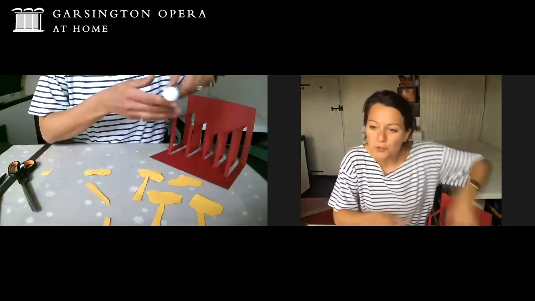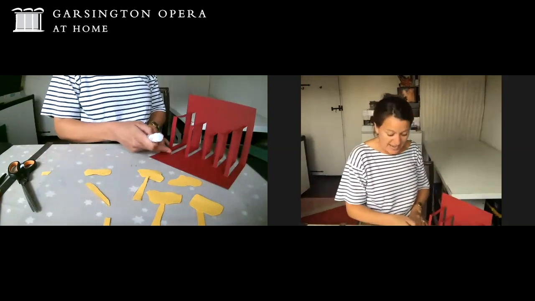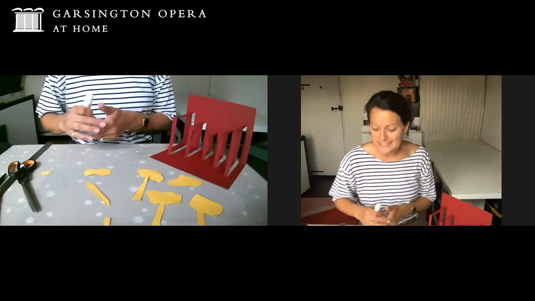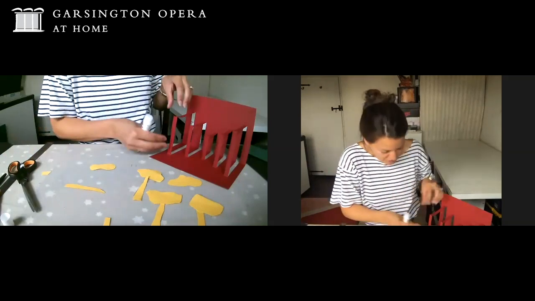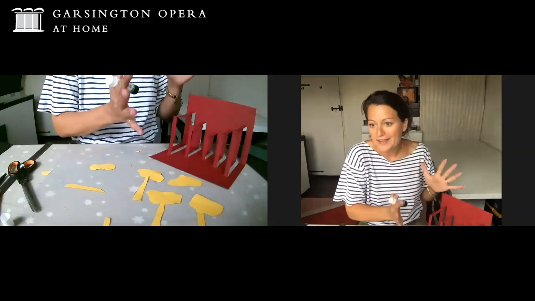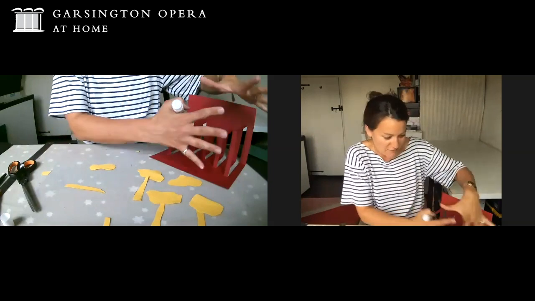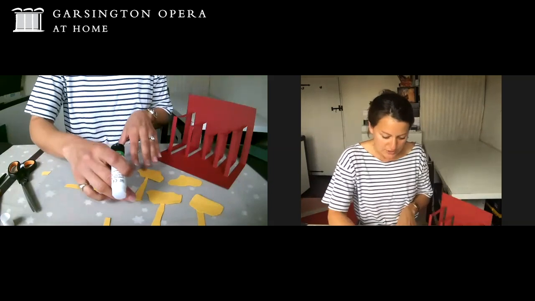So, for example, you could make candy cane shapes and stick them on. Or you could make licorice all sorts, and you could stick them all over here, and then when you open this up, you'd have a kind of mad sweetie box.